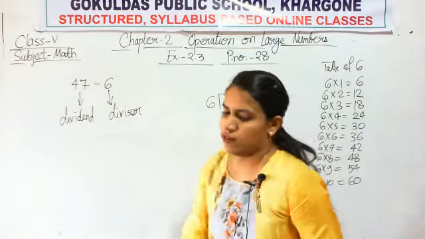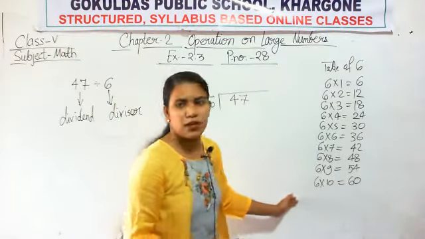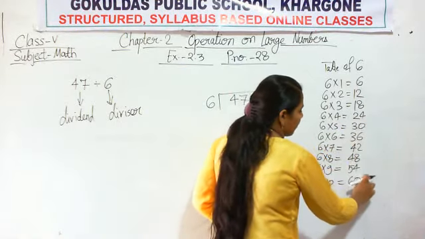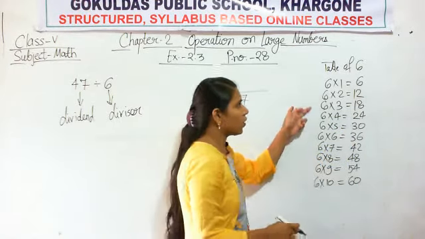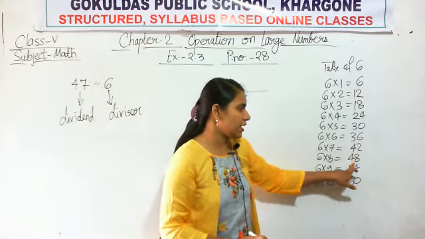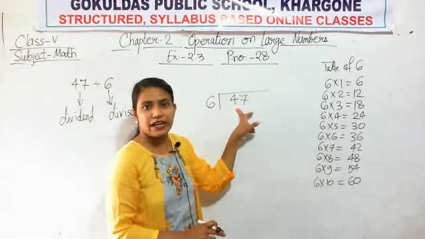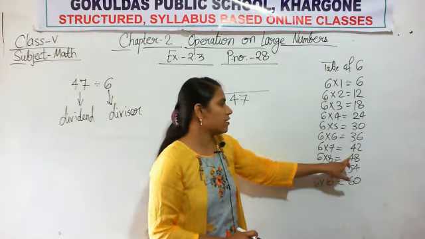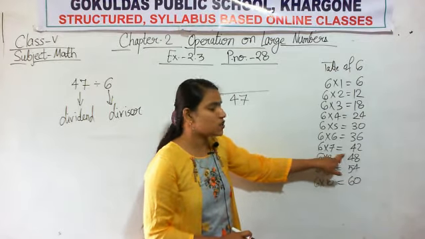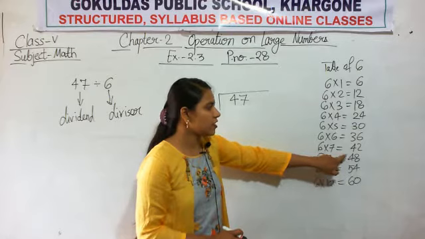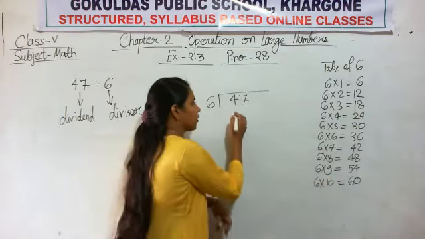So 47. Now use the table of 6 here. Is 47 a result in the table of 6? No. You observe that 48 is the result, but our dividend is 47, so you cannot take 48. You have to take the number smaller than 48, which is 42.